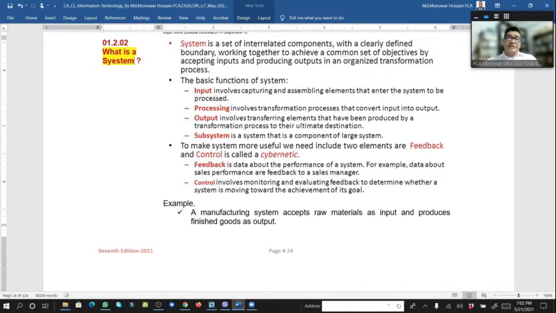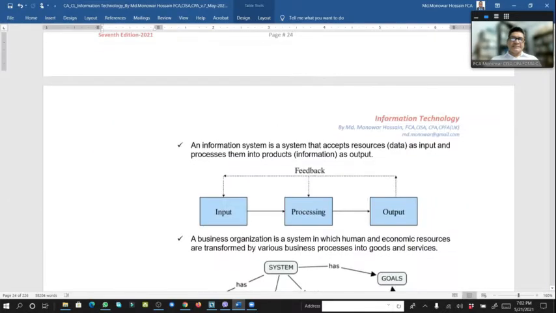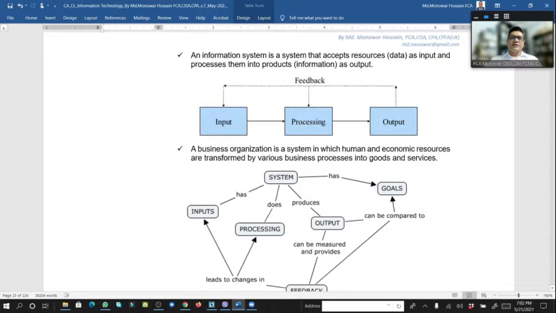If we give an example here, a manufacturing system accepts raw material as input and processes it into finished goods as output. And an information system is a system that accepts resources, that means data, not raw material. Here input is data within an information system.